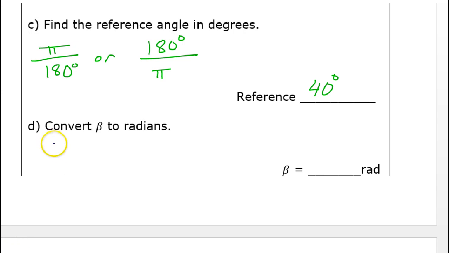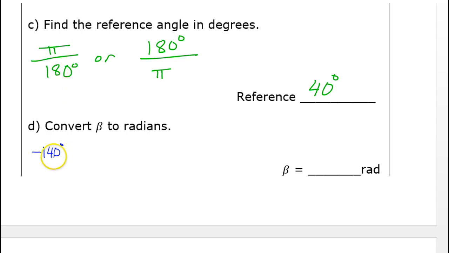All right, and last we need to convert angle beta to radians. So again, angle beta is negative 140 degrees. So remember that pi radians equals 180 degrees.